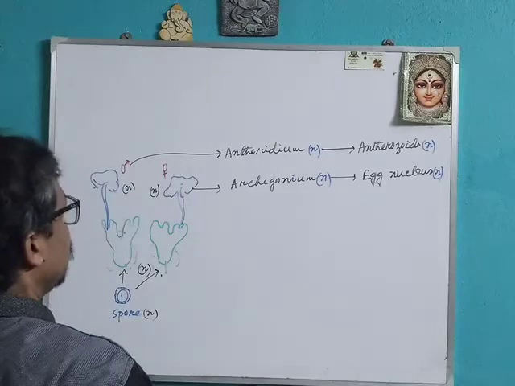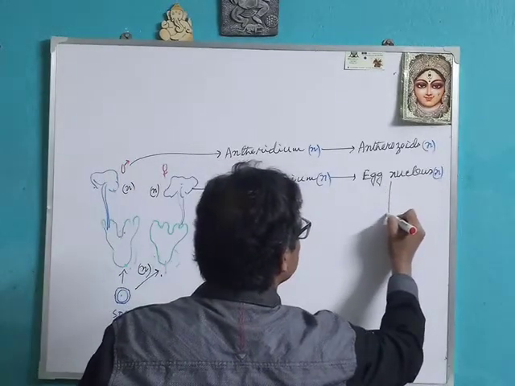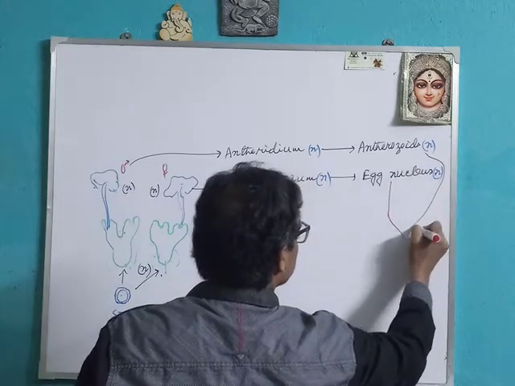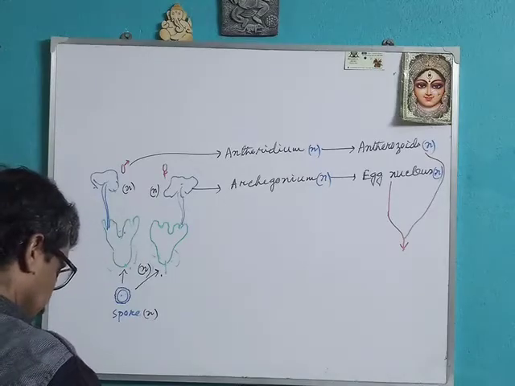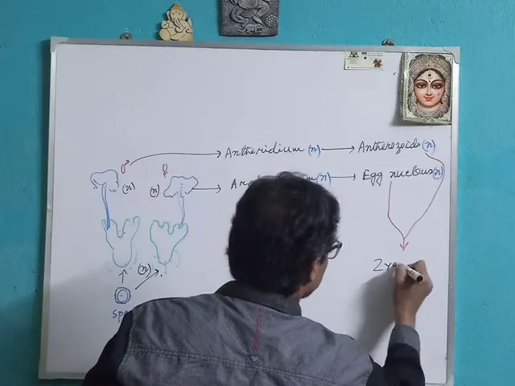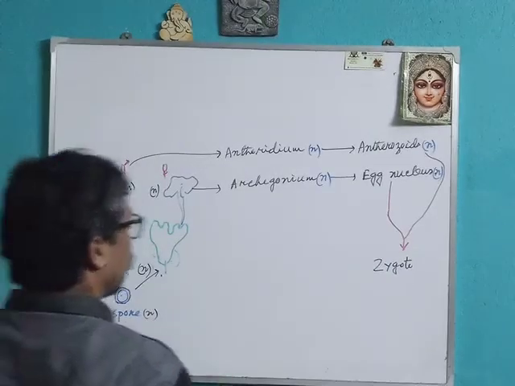The union of the egg nucleus and the antherozoids takes place, and ultimately a zygote is formed. The zygote is diploid in nature.